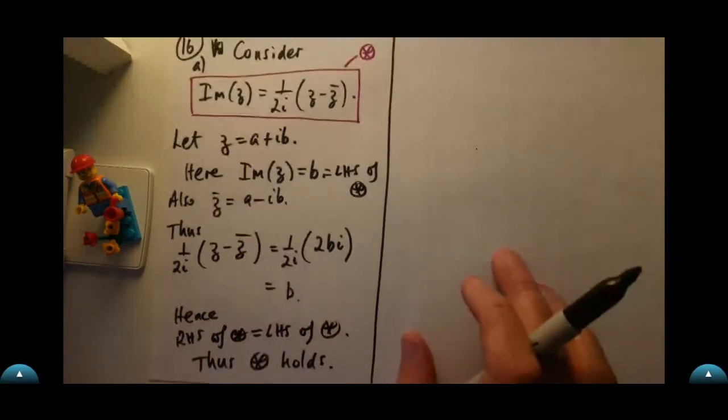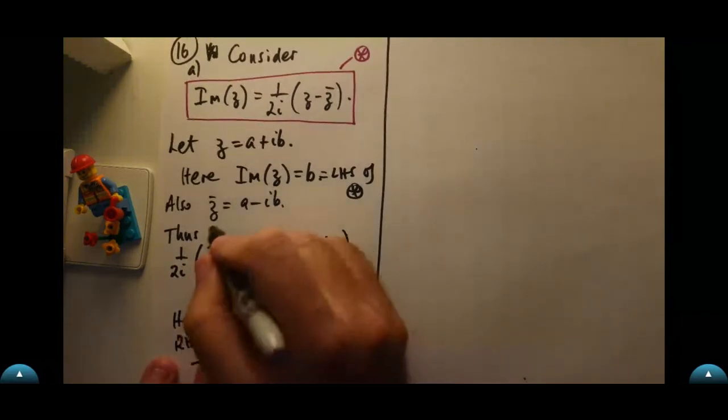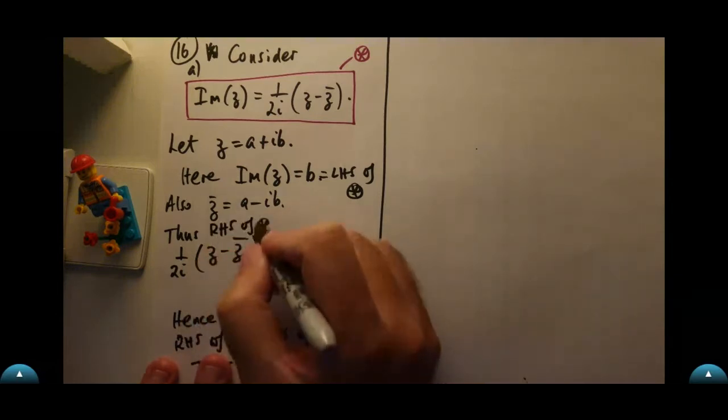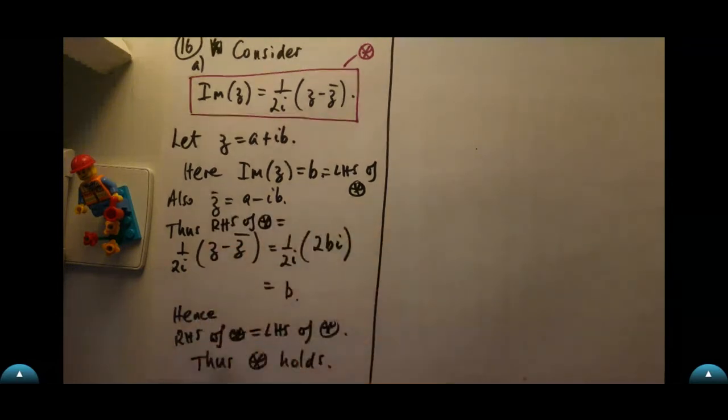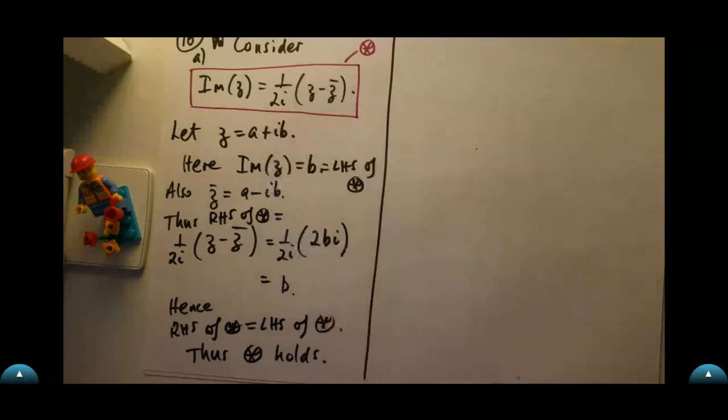Pretty easy, right? We've both shown that they were equal to b, where b is a real number.